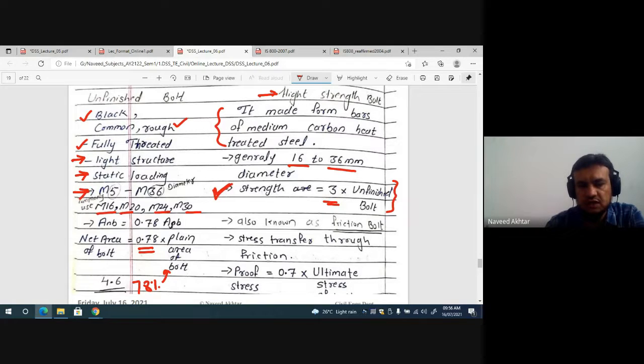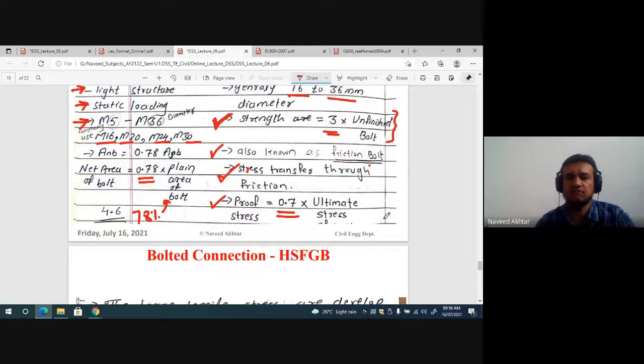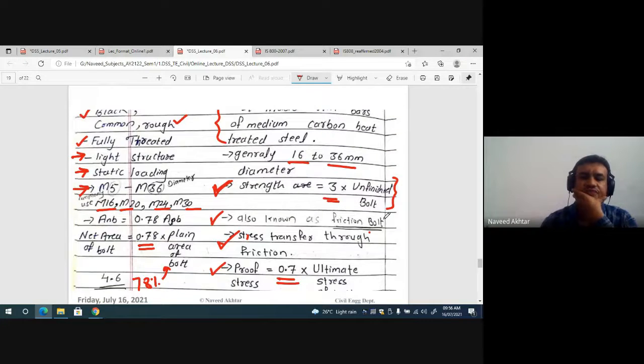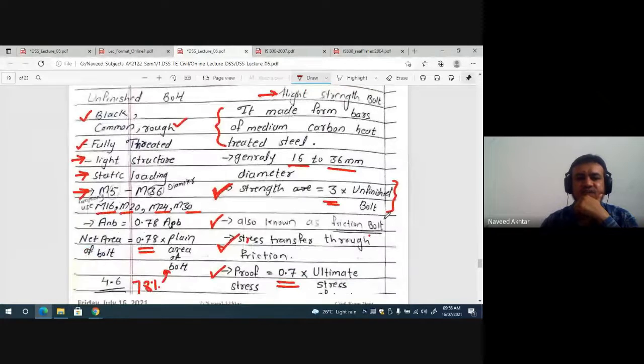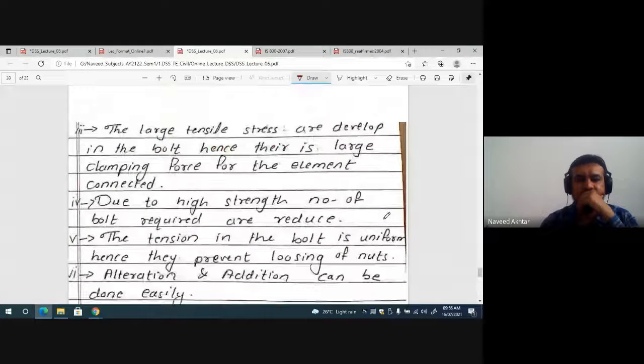It is also called a friction bolt because the load is transferred through friction in this case. The design stress is 0.7 times the ultimate stress of the bolt. So this is the difference between the unfinished bolt and the high strength bolt.